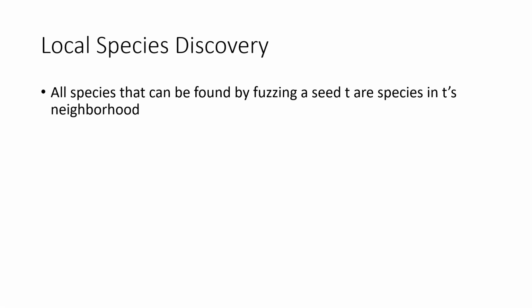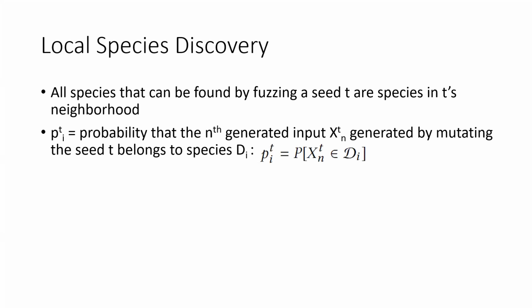Define the T's neighborhood as all the species that can be found by fuzzing a seed T. And then the probability of Ti is the probability that the nth generated input is generated by mutating the seed T that belongs to the species Di. So this formula is basically the same, just that now instead of the whole program it is just for one seed T.